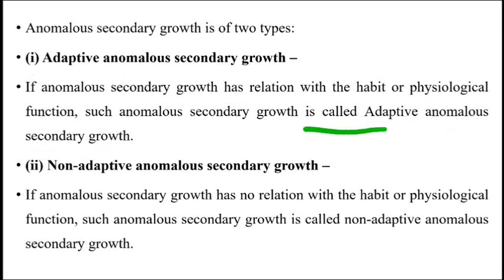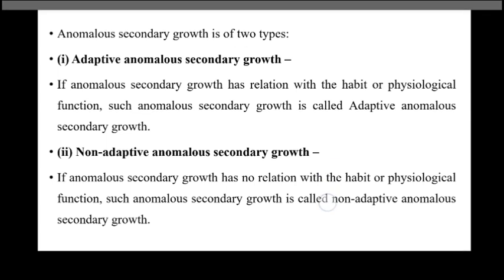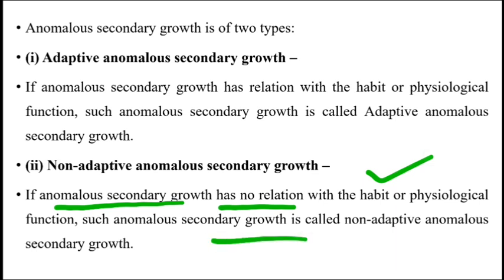They show such anomaly to cope with the environmental condition. Next, non-adaptive type: if anomalous secondary growth has no relation with the habit or any external environmental condition, it is called non-adaptive type.